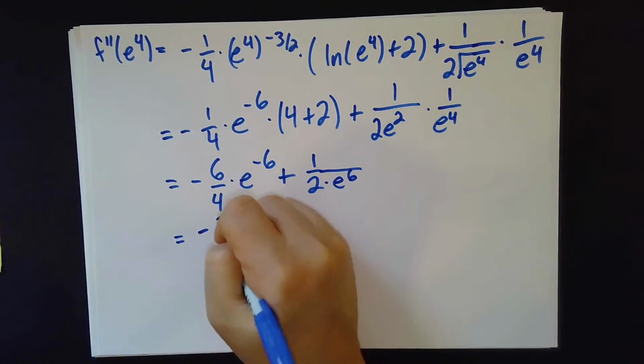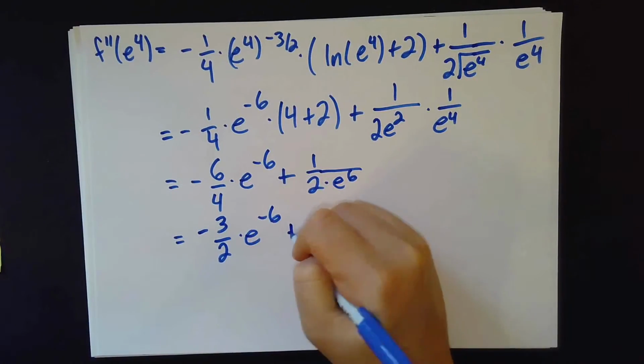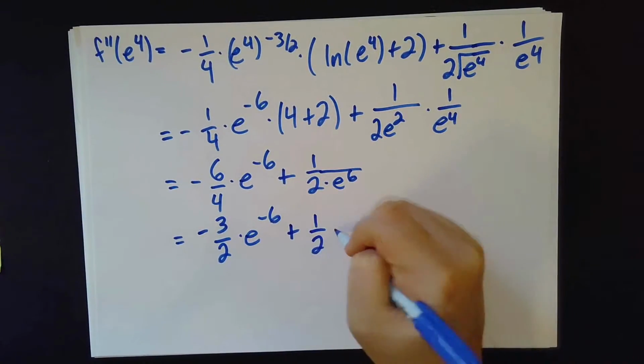So this is minus 3/2 times e to the minus sixth plus, and this is now 1/2 e to the minus sixth.